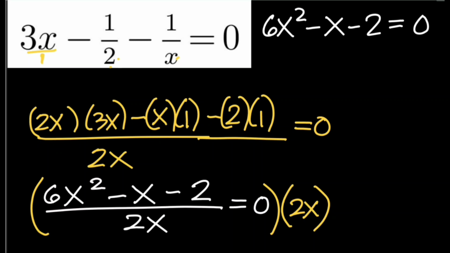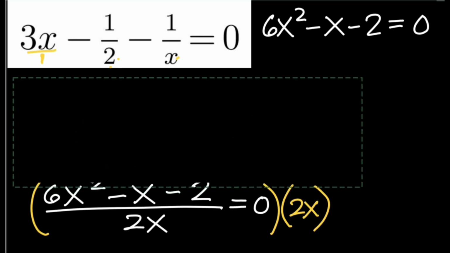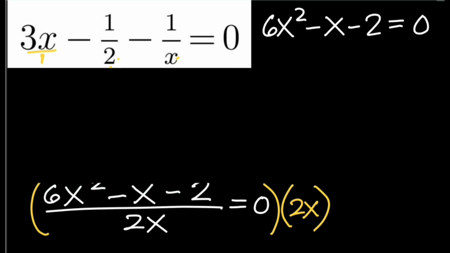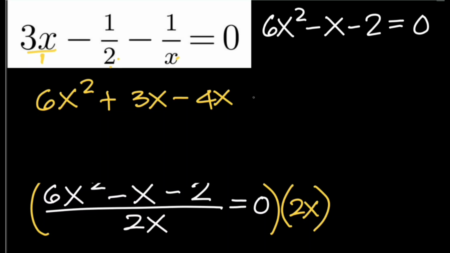Alright, we have here a quadratic equation, so we need to factor this to solve for the value of x. We can use factoring by grouping, by writing negative x as a difference. So we can write that equation as 6x squared plus 3x minus 4x minus 2 equals 0.